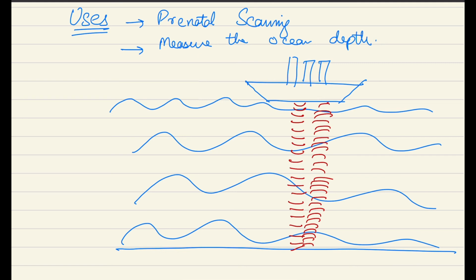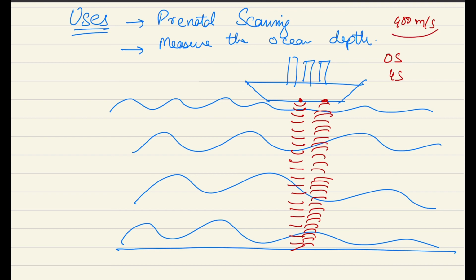Let's suppose that from this point where the ultrasound wave was sent, the time was 0 seconds, and we know the speed of the ultrasound wave in liquid. Because it's more than air, let's suppose it's 400 meters per second. When the reflected wave is detected at the ship, let's suppose the time is 4 seconds.